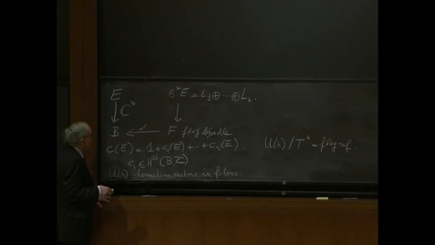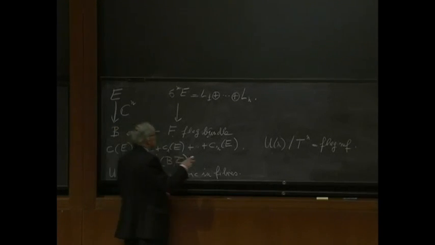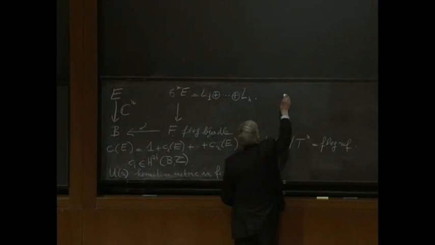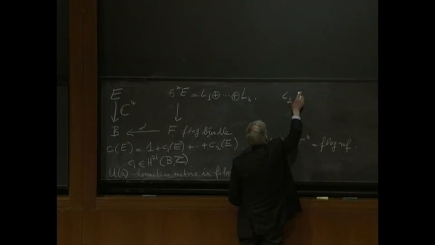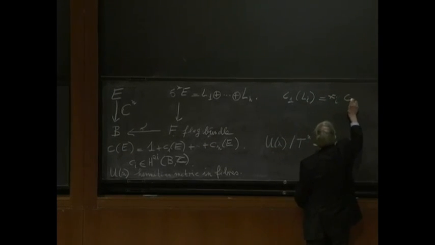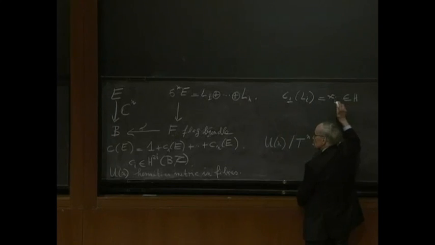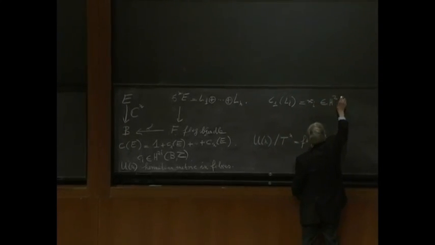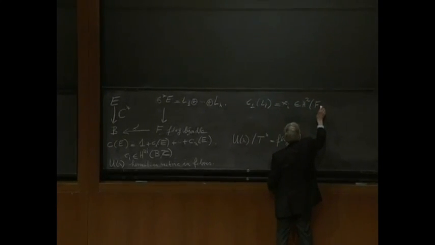And now we can take the Chern classes of all these line bundles. So we can call the first Chern class of the i-th line bundle xi. And so this is in the second cohomology of the flag bundle.